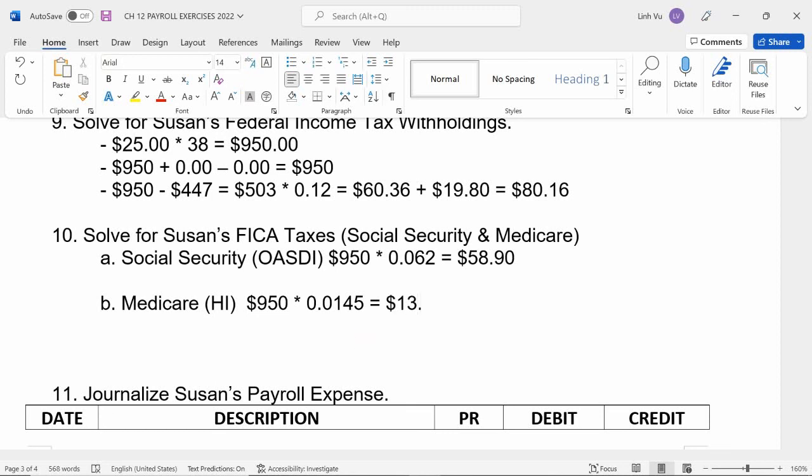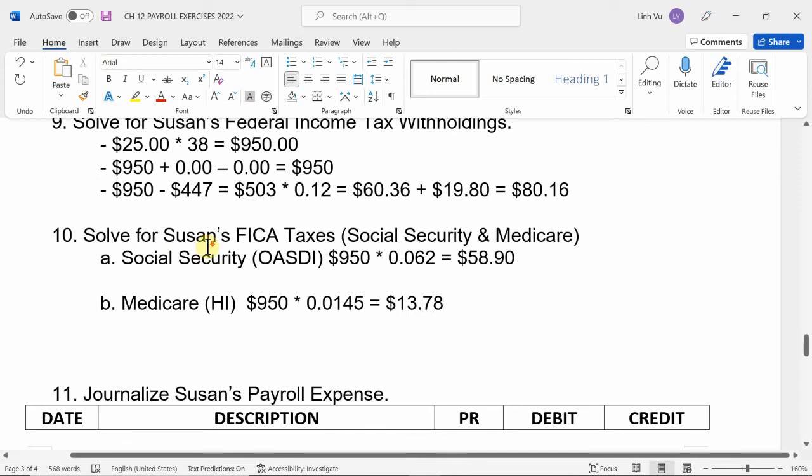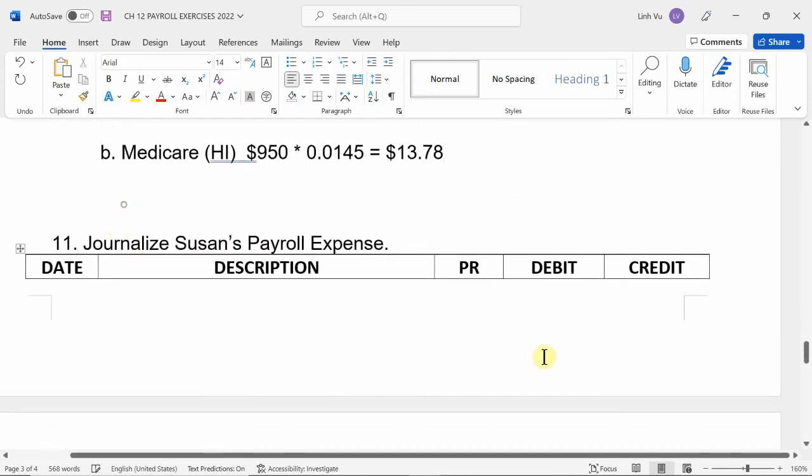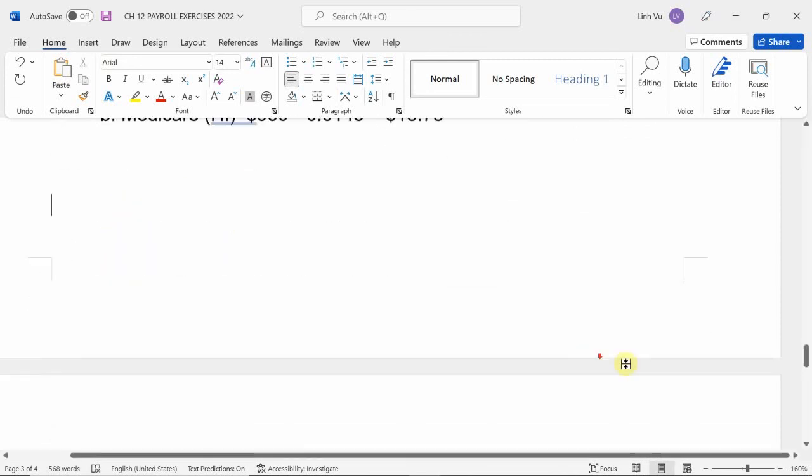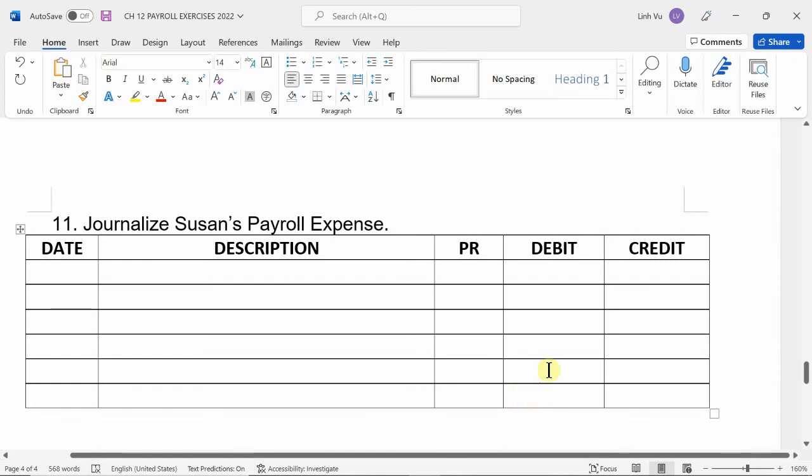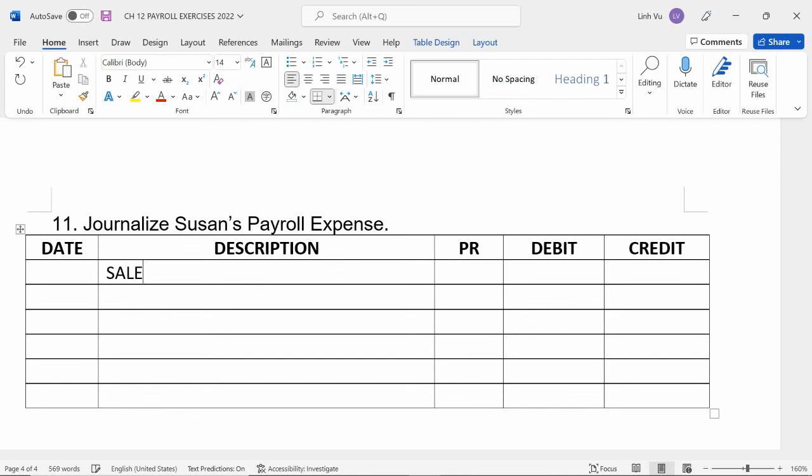Good. Okay, so answer this question here: how much are we going to pay her? What's the first thing we're going to recognize? Her salaries and wages expense, for a total of how much?